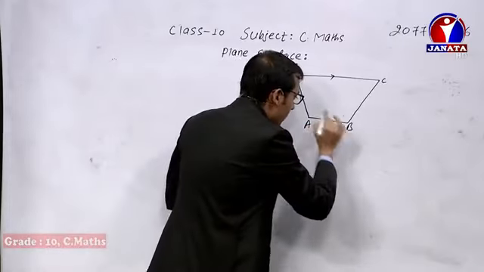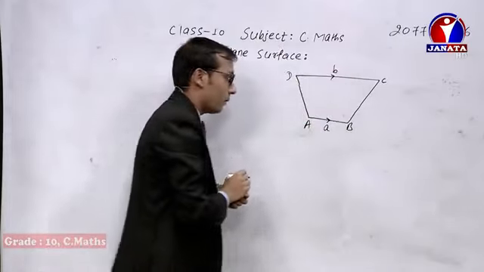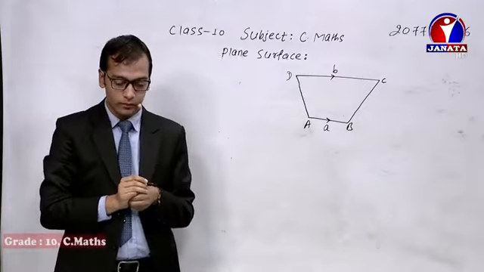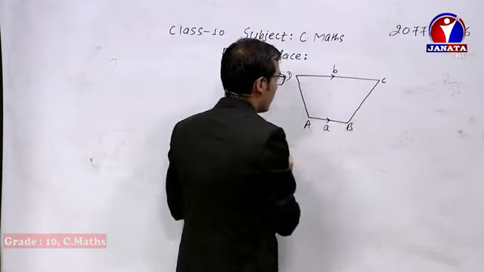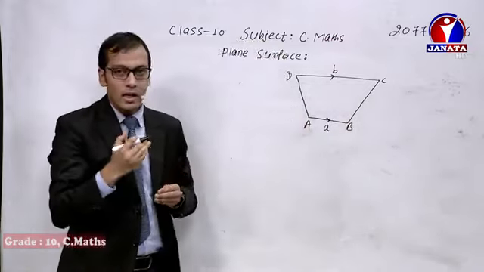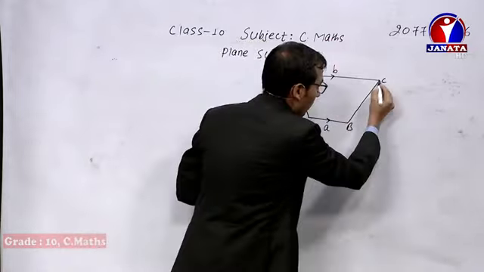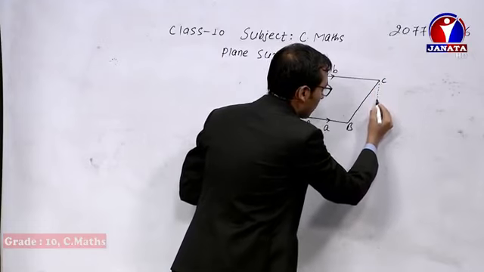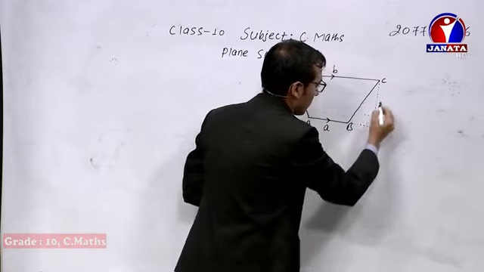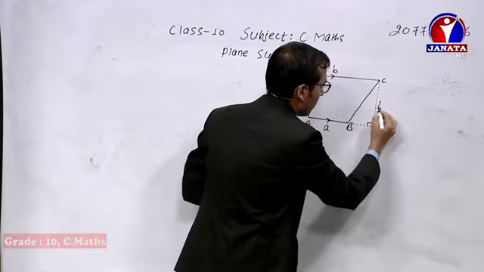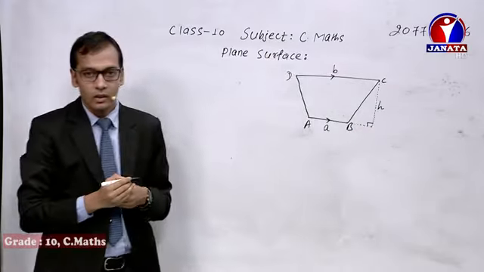If I denote this by A and this one by B, we can draw the height. We can draw it inside the figure or outside the figure. If we draw its height here, we need to extend this base. Suppose this is a perpendicular, called the height.